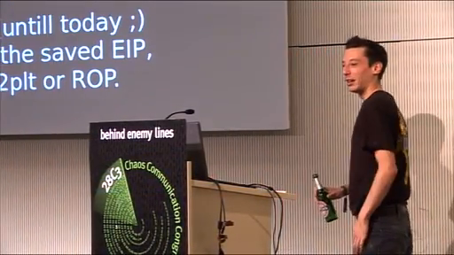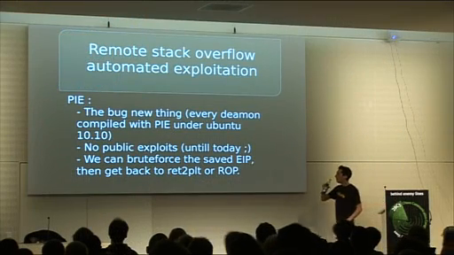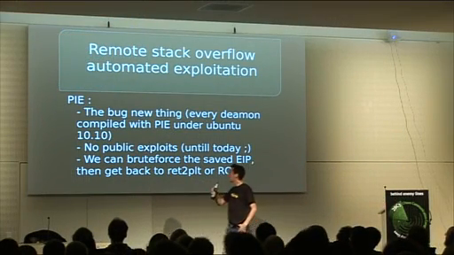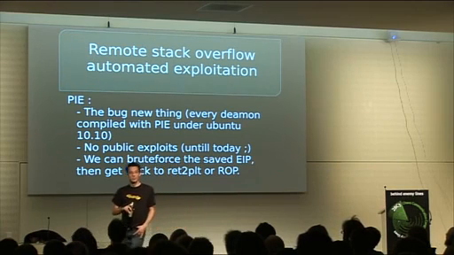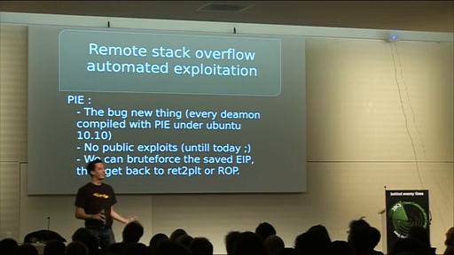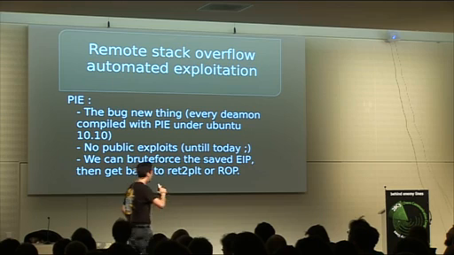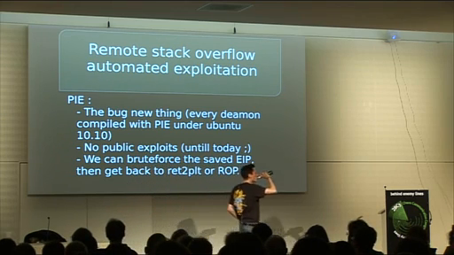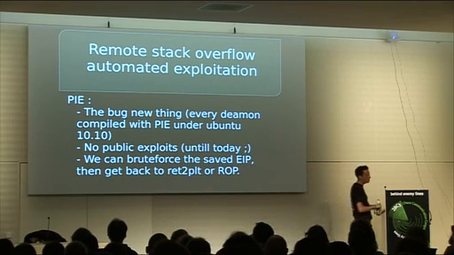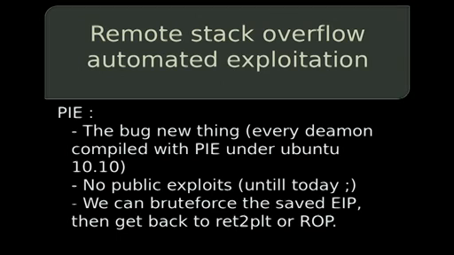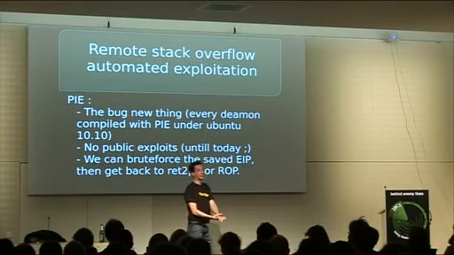All right. So the big thing is PIE, which stands for position independent executable. The main idea is that even though we have ASLR normally, your main binary, unless you compile it with these new fancy flags, is not actually going to be randomized.